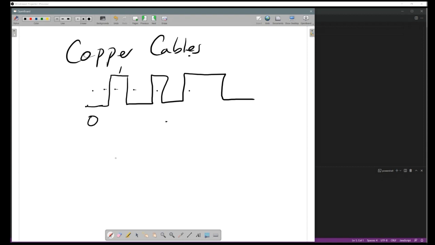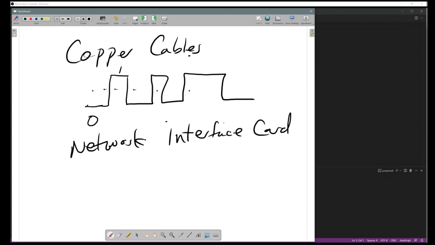And there exists a network interface card, also called a NIC, that sits between your connection and your computer.